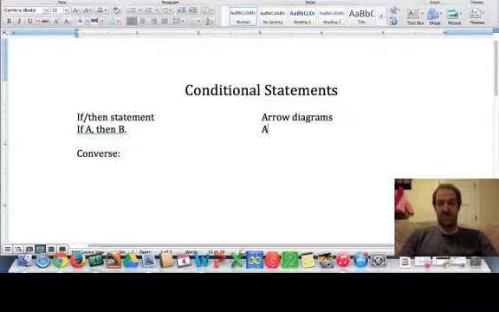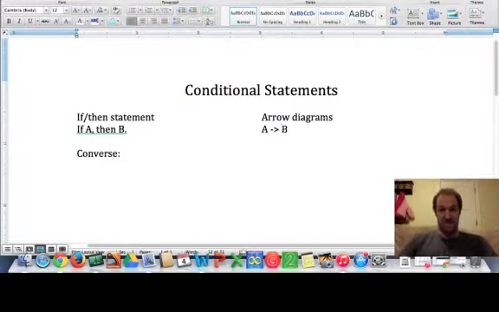An arrow diagram for this would be A, and then an arrow, and then B. So the first part, the A, is the if part. The second part is the then part. You would read this as if A, then B, or A leads to B.